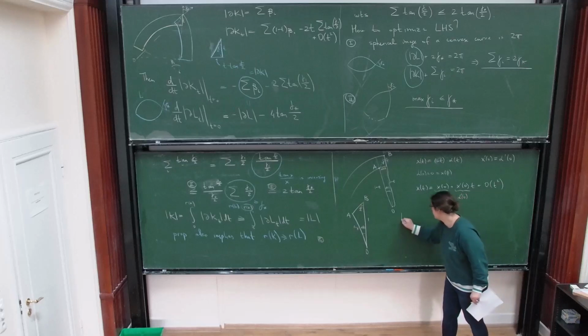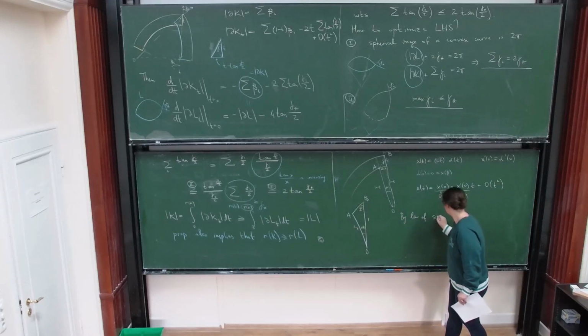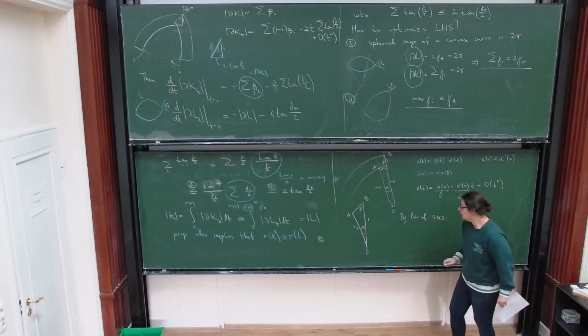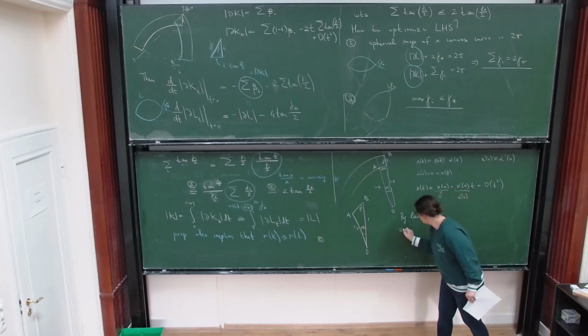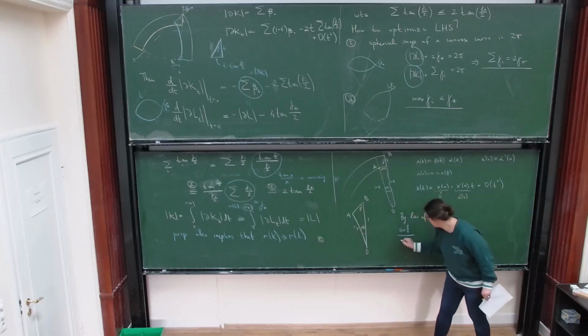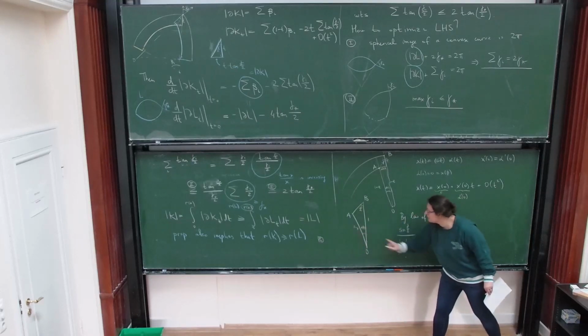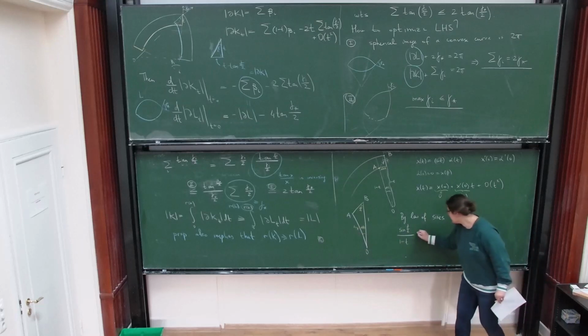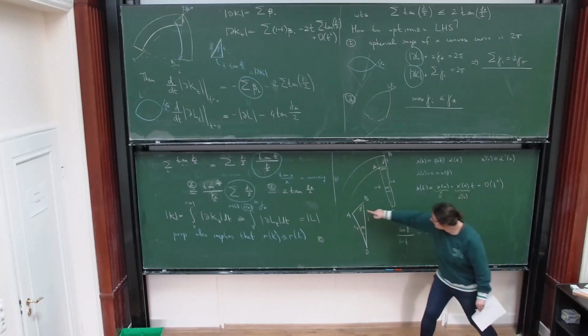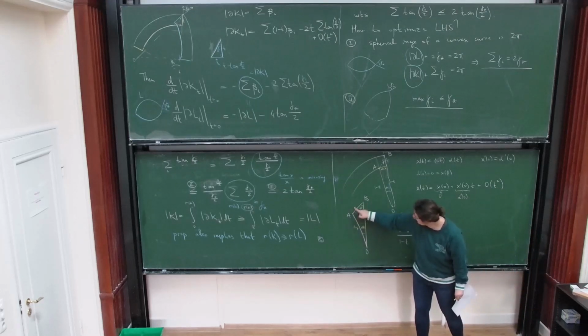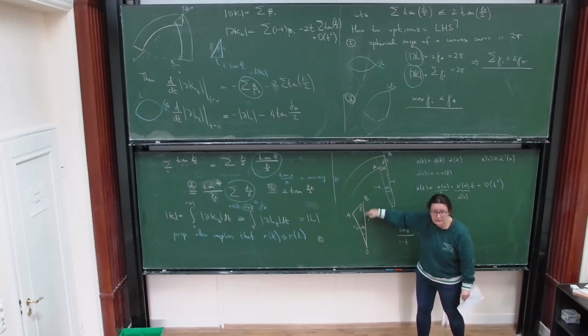By the law of sines, we have that sine of the angle gamma over 2 over the side length 1 minus t is equal to, I know this side, so I really need to know just this angle, but this angle is pi minus these two.